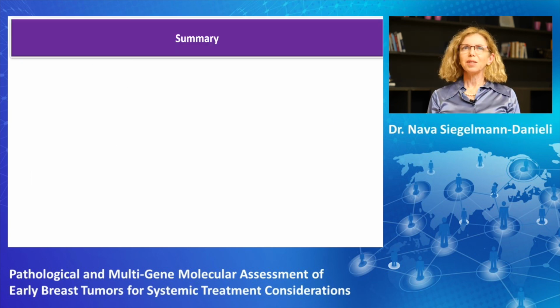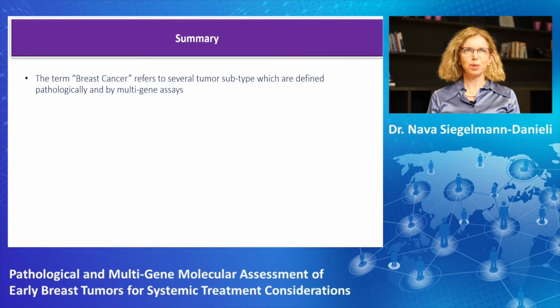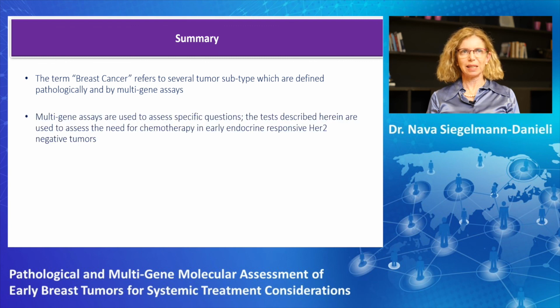So if we summarize what we have learned, we know that the term breast cancer refers to several tumor subtypes, which can be defined by pathology and also by multi-gene assays.